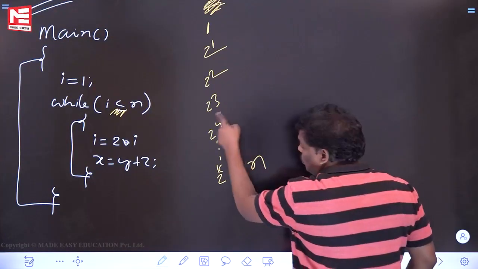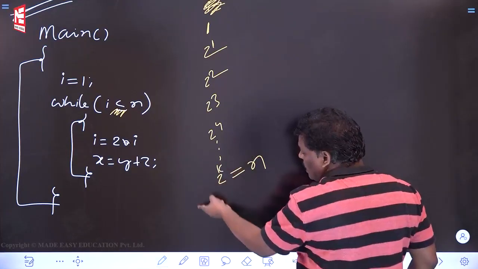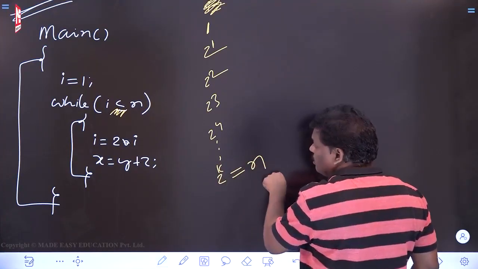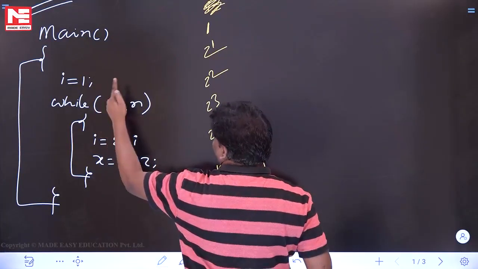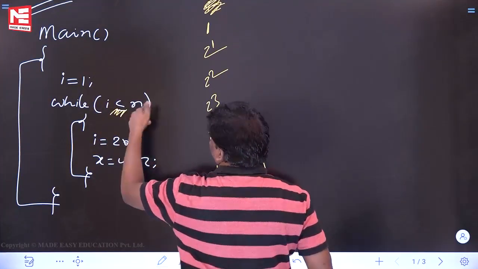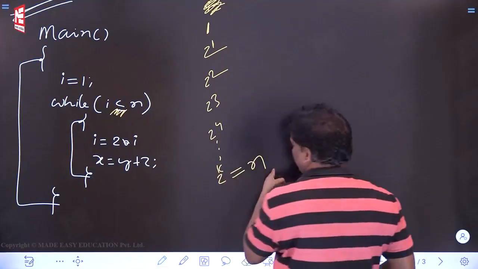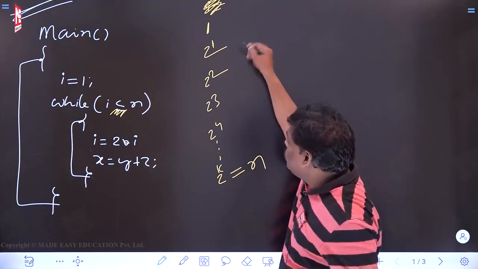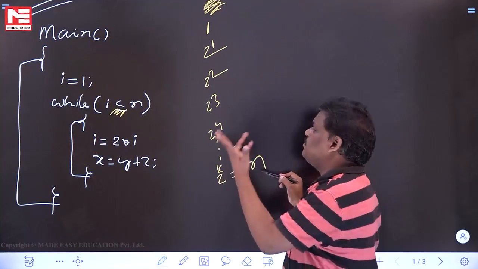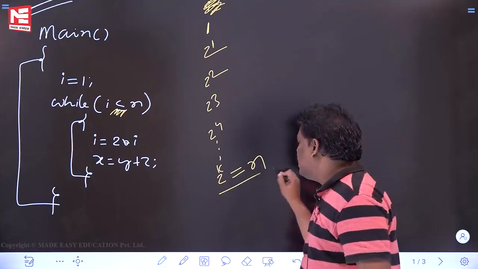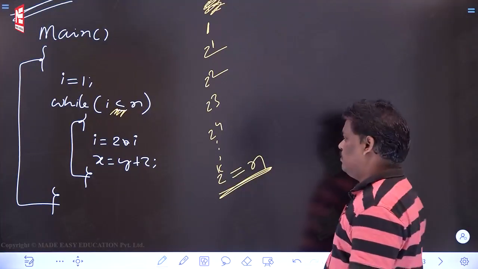I continue k times, it became 2 power k, and that 2 power k becomes n; that is the reason I stop. Assume that i value is 2 power k, which is equal to n, then n less than n fails. This is the fail case.